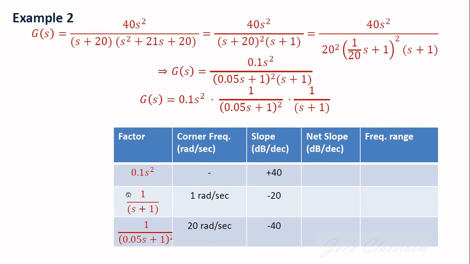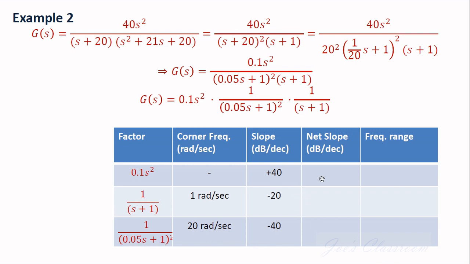Now the slope contribution, this is s square in the numerator. So it is plus 40 decibels per decade, and this comes in the denominator with a multiplicity of 1, and therefore it gives minus 20, and this is with a multiplicity of 2. Okay, so 2 into minus 20 is minus 40. Negative sign because the terms appear in the denominator.